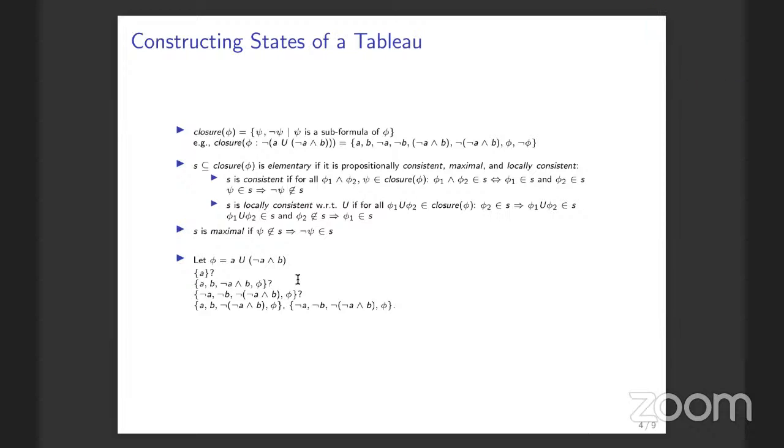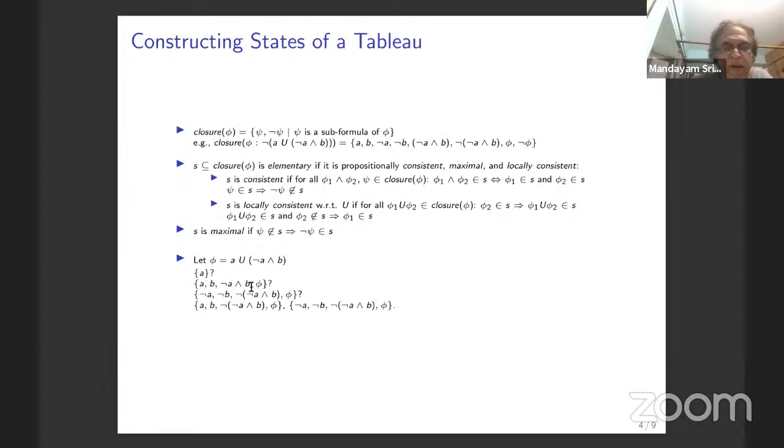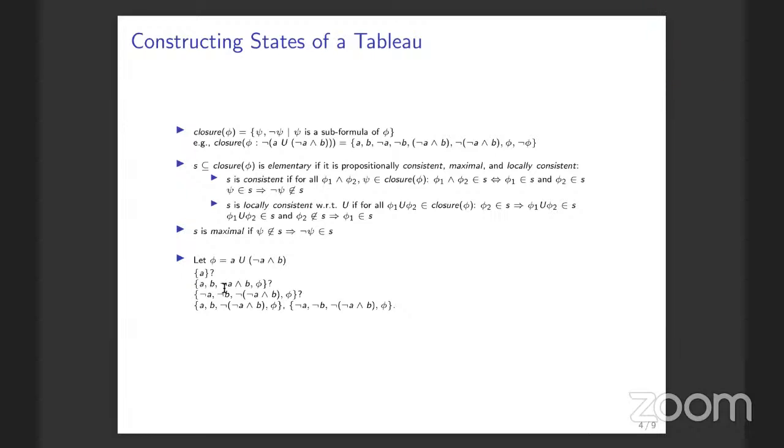Why not? Shouldn't not A be in it? Yeah. A and not A are conflicting. It's as simple as that. So you're right. It is not consistent because both A and not A are in there. It's violating the propositional consistency requirement. Okay. How about the next one?